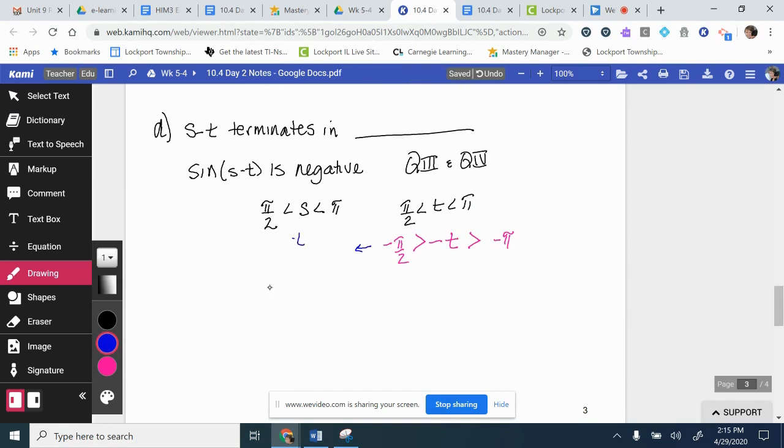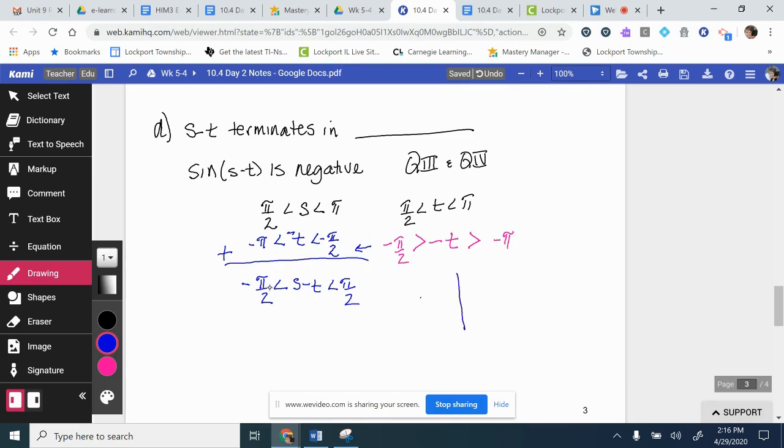So negative T is greater than negative pi and less than negative pi over 2. And then we're going to combine these. And so I'll have a negative pi over 2 less than S minus T, less than pi over 2.